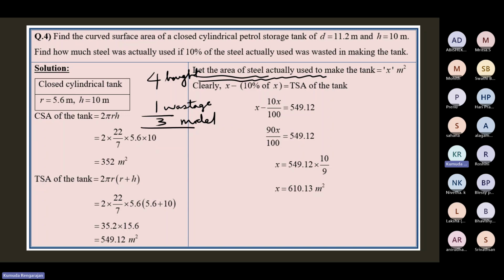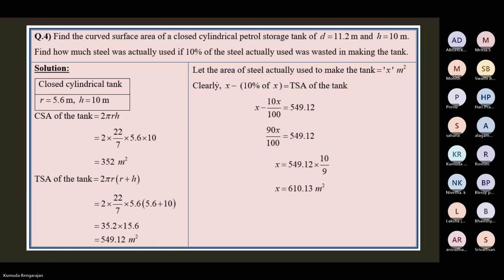In the same way, how much of steel was actually used is how much you purchased from the market. So let the steel actually used to make the tank, that is actually purchased from the market, be X meters square. So you purchased X, 10% of X is wasted.